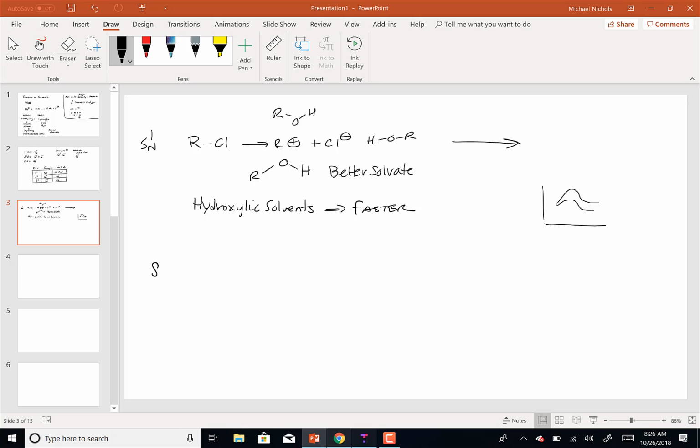So now let's think about SN2. In the SN2 mechanism, the nucleophile comes in, attacks the carbon, kicks off the leaving group in that reaction. So now we have to think about, well, what would the role of the hydroxylic solvents be in this reaction? They solvate the nucleophile really well, right?